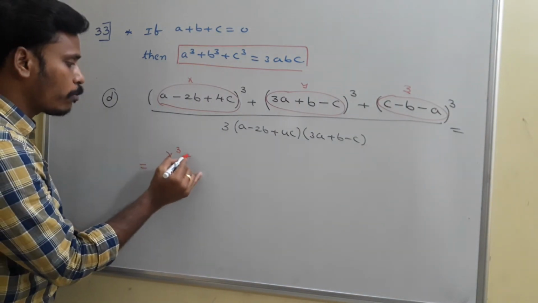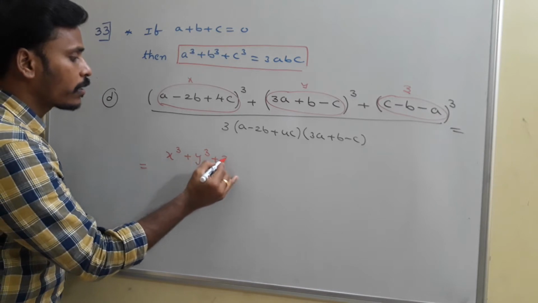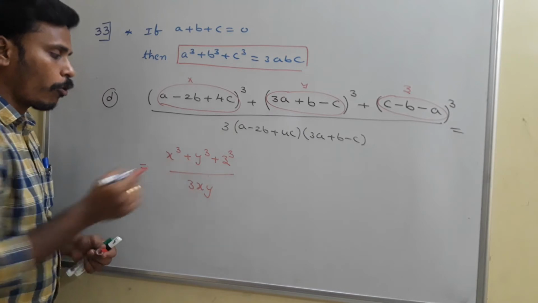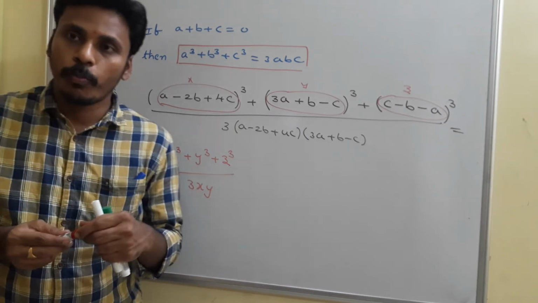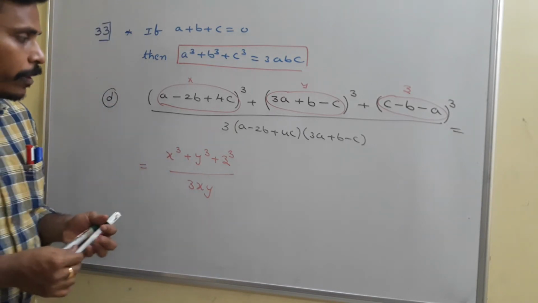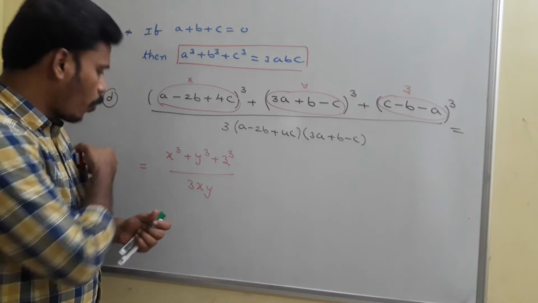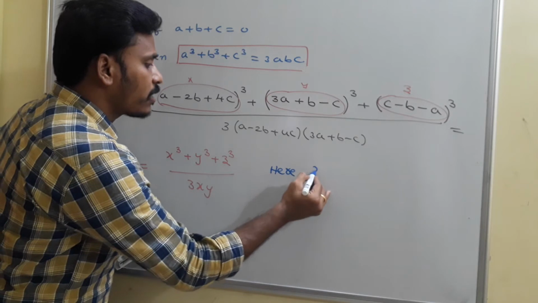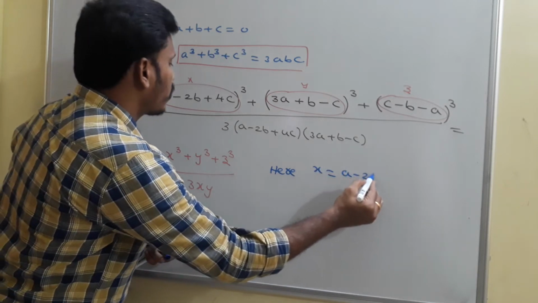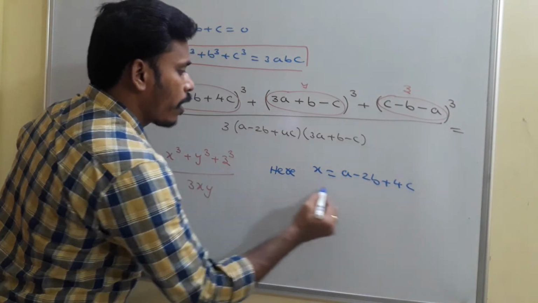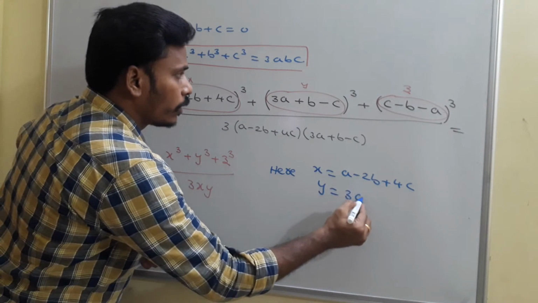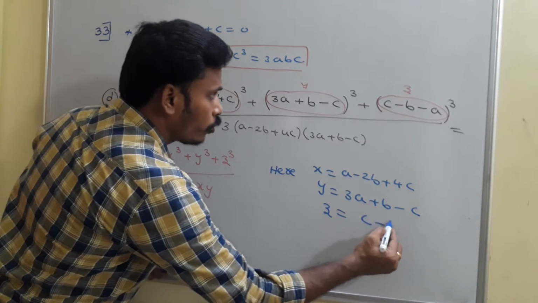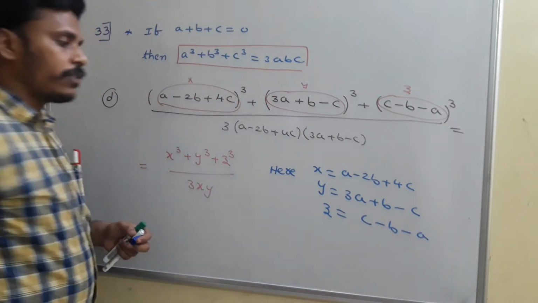X cube plus y cube plus z cube by 3xy, and that's the given problem. But what is x and what is y and what is z here? Here x is equal to a minus 2b plus 4c, and y is equal to 3a plus b minus c, and z is equal to c minus b minus a.